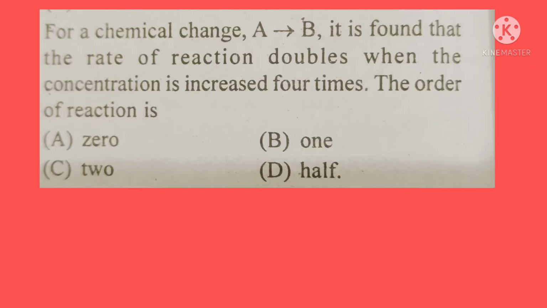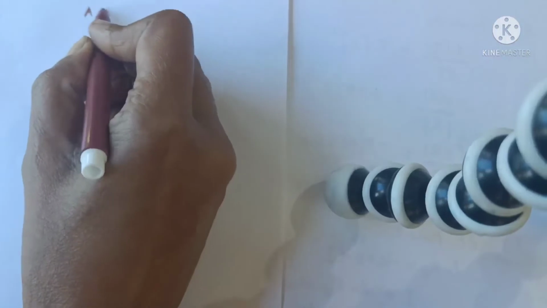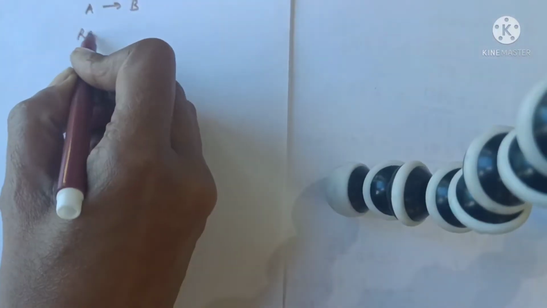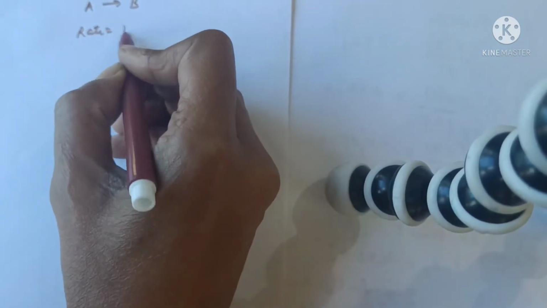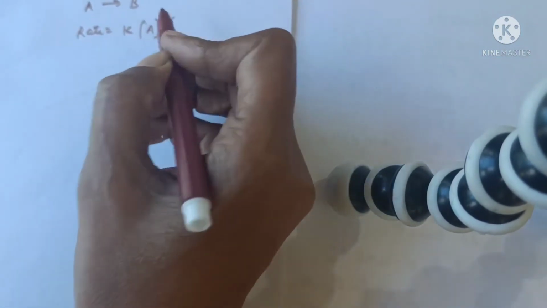For a chemical change, A changes to B, it is found that the rate of reaction doubles when the concentration is increased 4 times. The order of reaction is, to find out the order for this reaction, A changes to B. Let the rate equation be rate is equal to K into concentration of A raised to power, let the order be x.